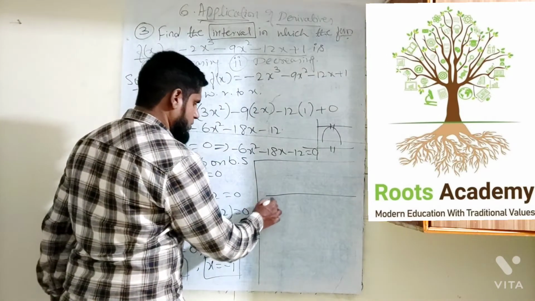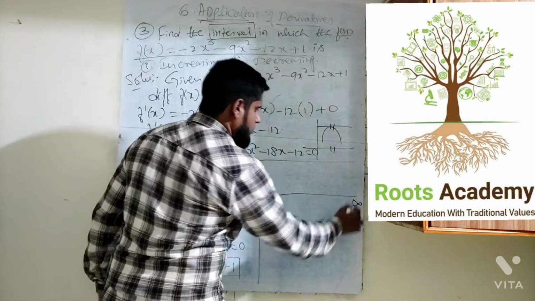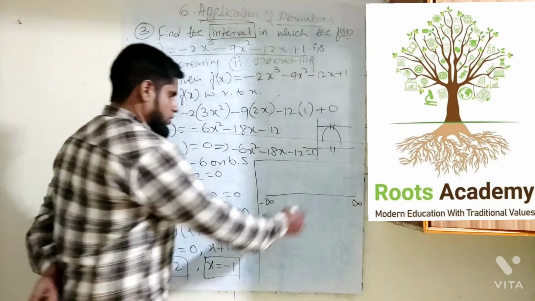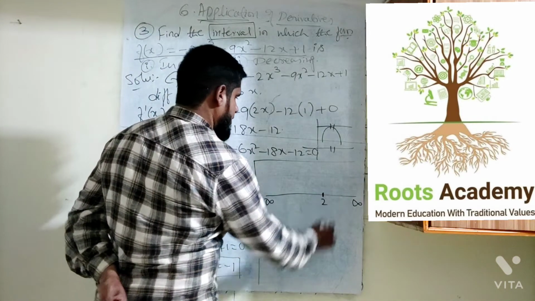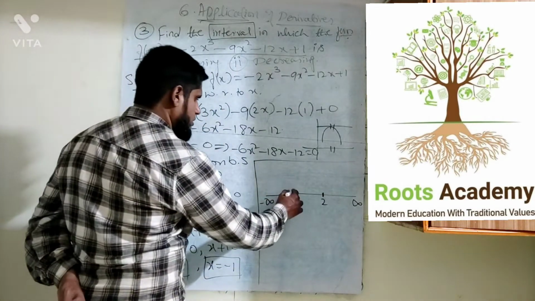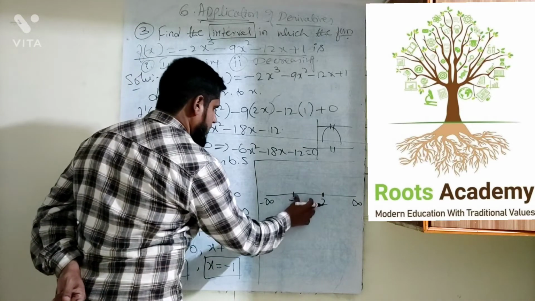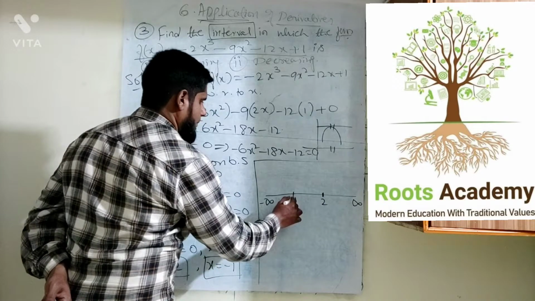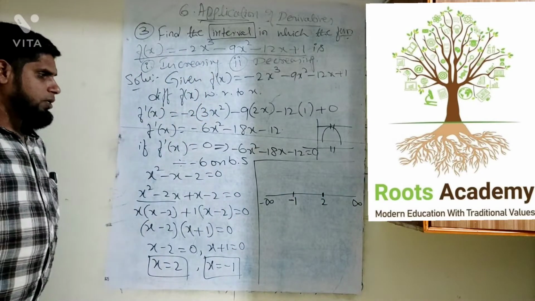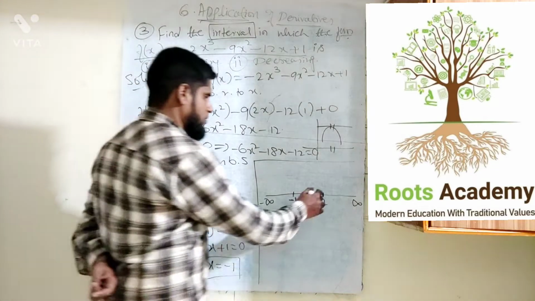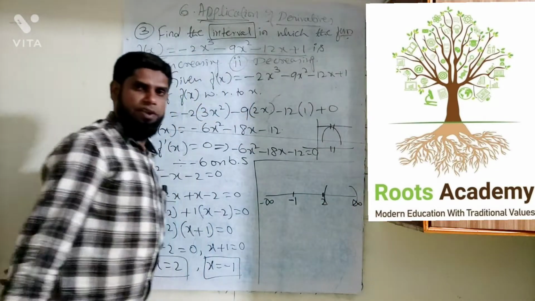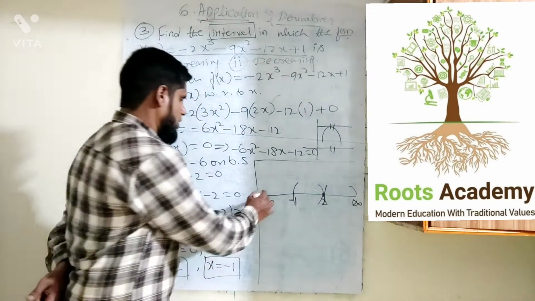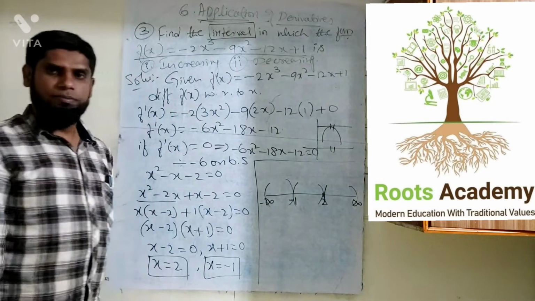Here it is minus infinity and here we have plus infinity. So 2 is nearer to positive infinity, -1 is nearer to negative infinity. So here I am getting three intervals. First is 2 to infinity, second -1 to 2, third is minus infinity to -1.